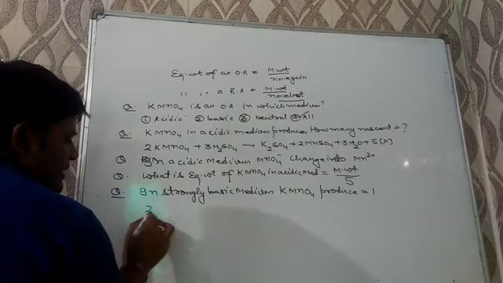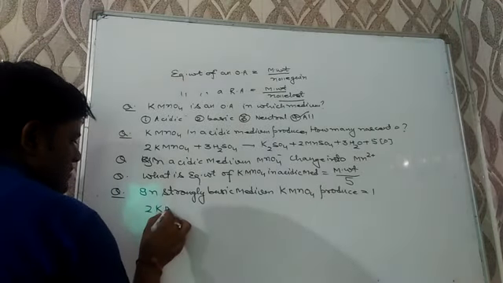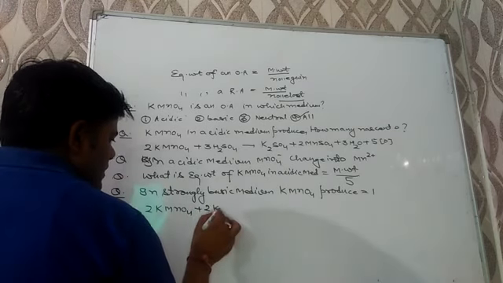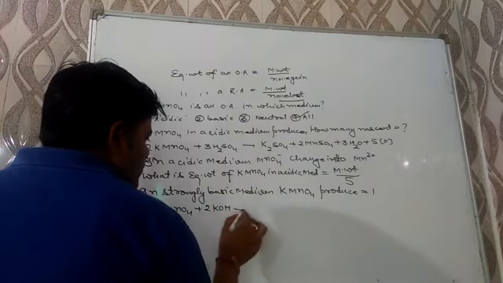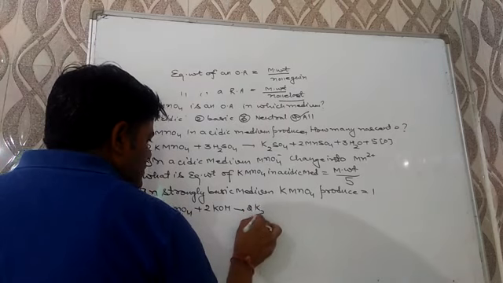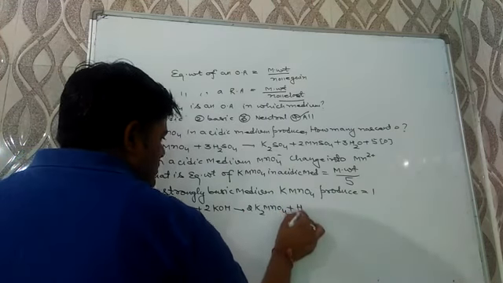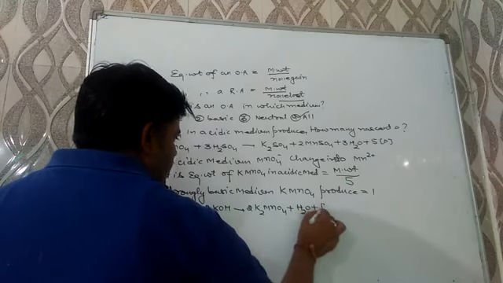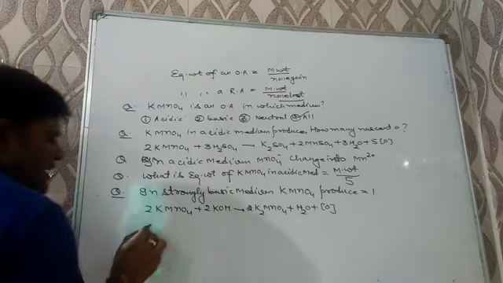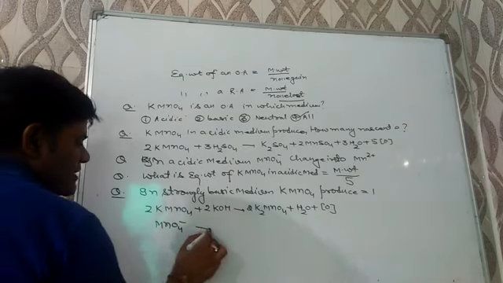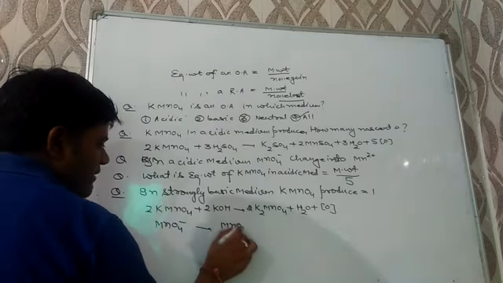The equation will be 2 KMnO4 plus 2 KOH gives 2 moles of K2MnO4 plus H2O plus 1 nascent oxygen. So here, in strongly alkaline medium, MnO4 negative ion changes into MnO4 2 negative ion.